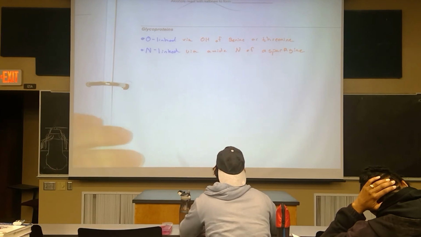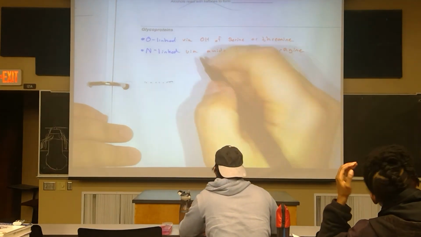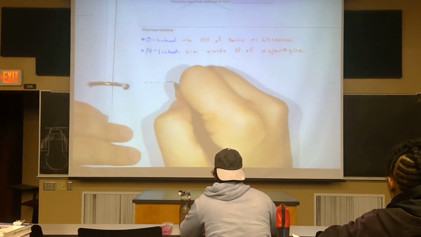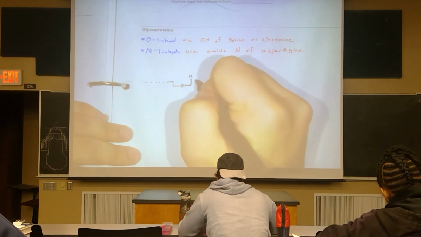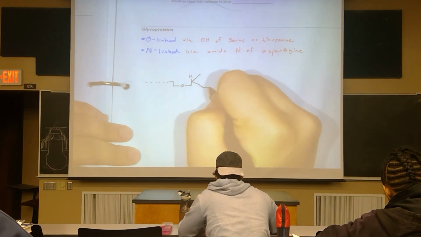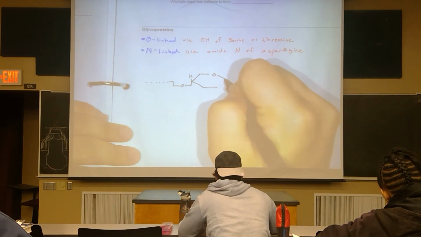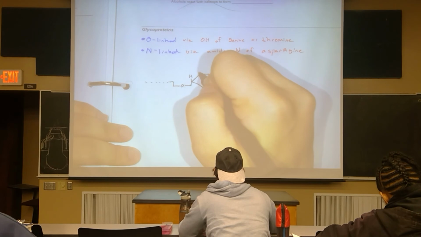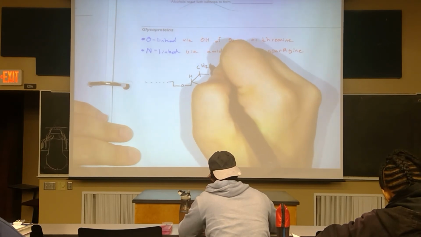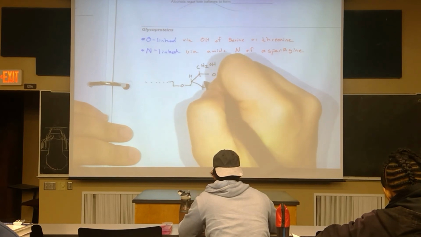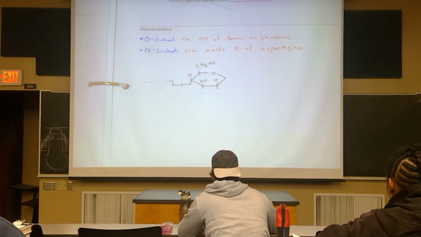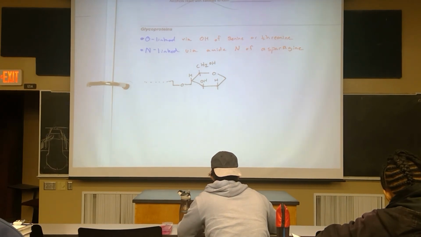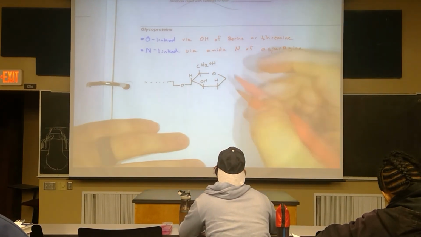And what does this look like? Imagine we have a nice sugar chain, and finally we'll get to our last sugar. I'm going to leave this blank down here for a second. We're going to talk about it in a minute. This carbohydrate comes from, let's say this is a serine residue.